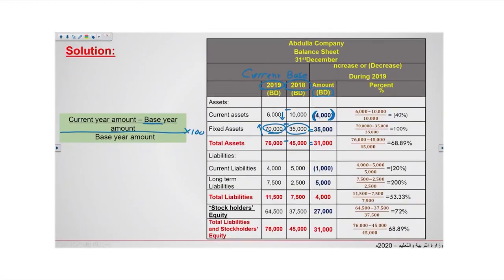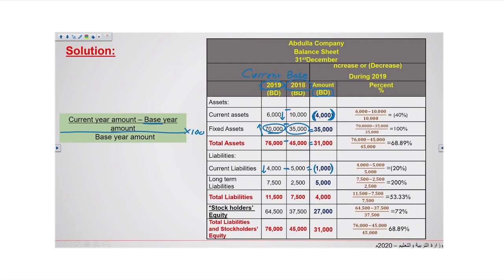The same for liability and stockholders' equity. Current liability, 4,000 minus 5,000 will give us 1,000. So we put it between brackets because the current year is less than the base year.